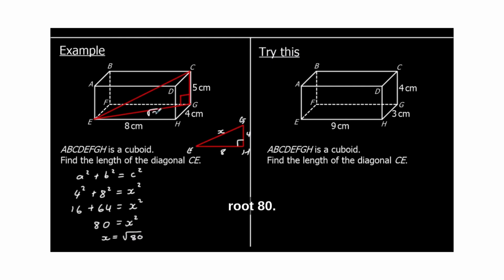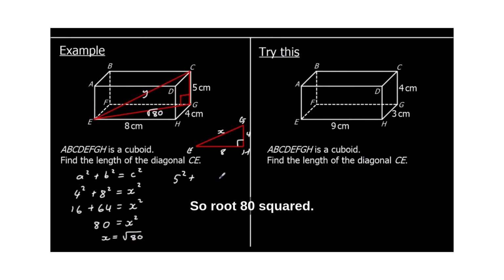EG is root 80. So now we can use our second right-angled triangle, the one we've drawn, to find the length of CE. So if we call CE y for now, we can use Pythagoras again. So again, the sum of the squares of the two shorter sides will be equal to y squared. So 5 squared plus root 80 squared.